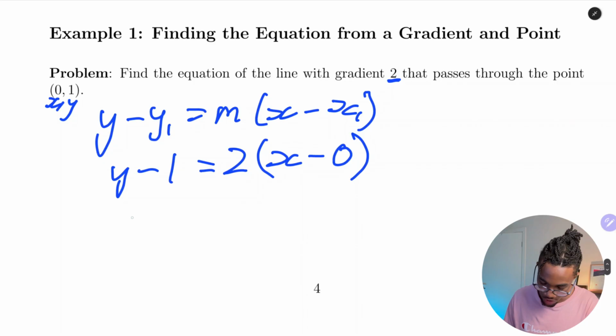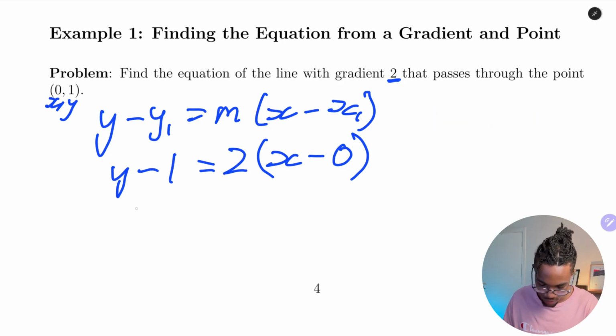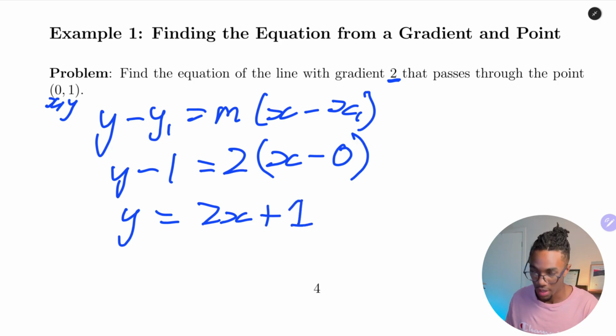Then we just solve it for that gradient intercept formula. So we want it in this format. So we have y equals 2x plus 1. And that's all we'll have to do for that.